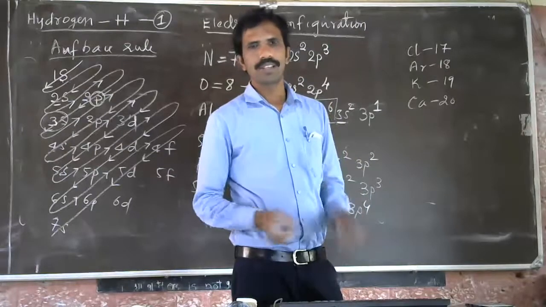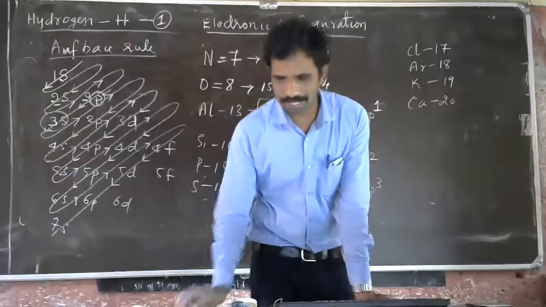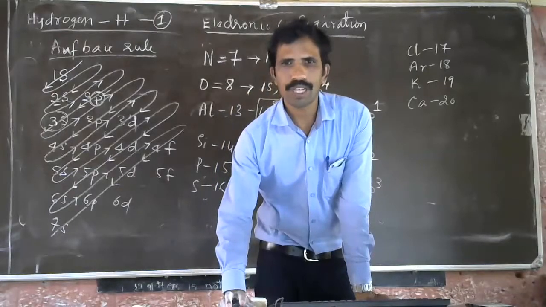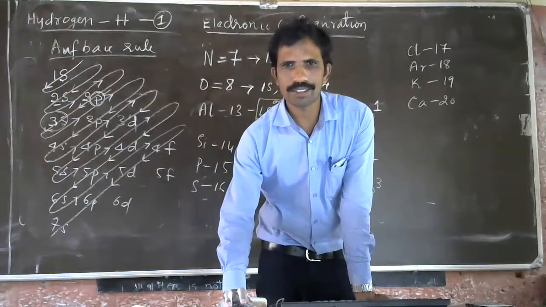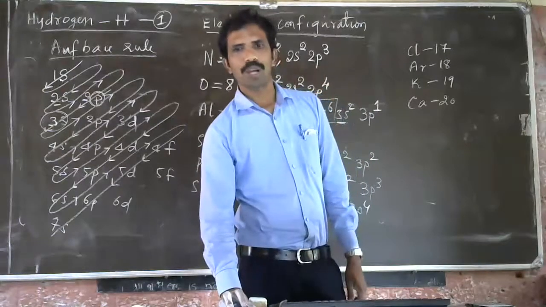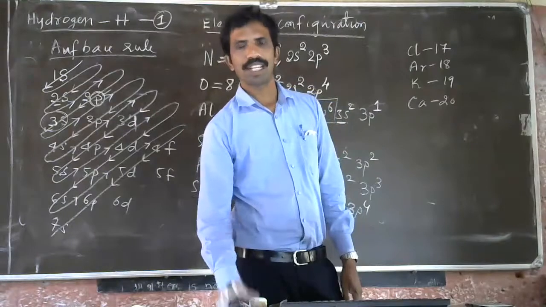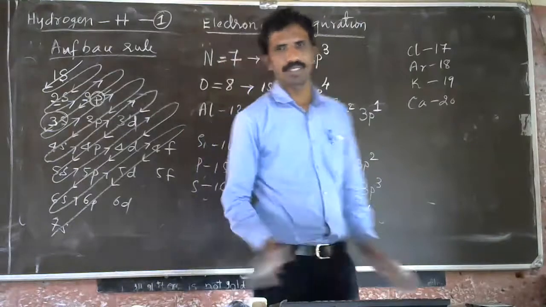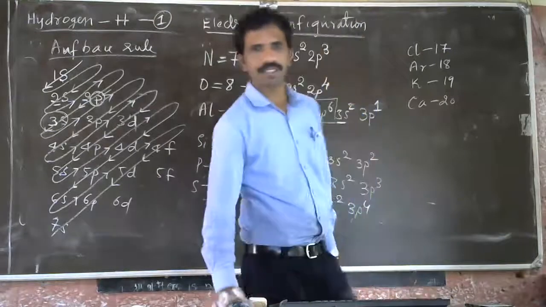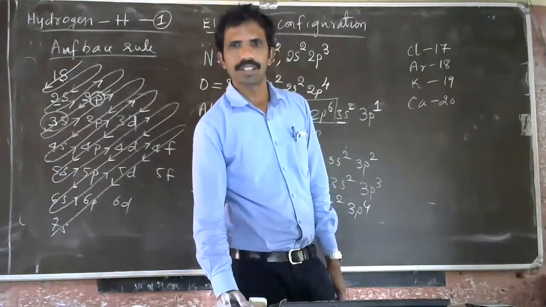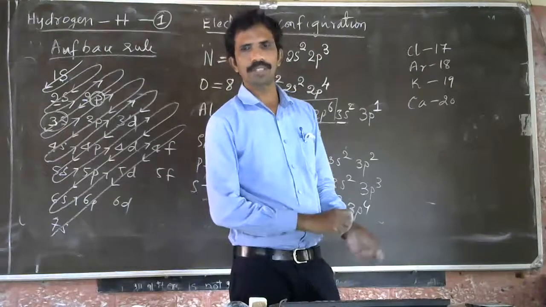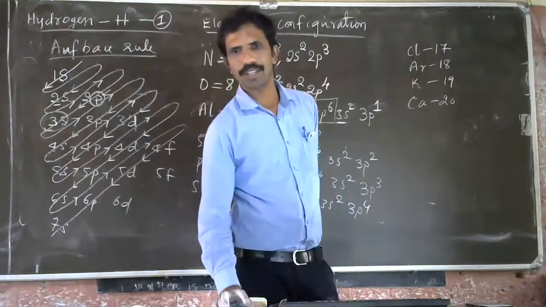Because it is a very essential part for next year also. If you don't learn to write the electronic configuration, you will have many problems in chemistry next year. In the next year, a complete chapter depends on this concept.